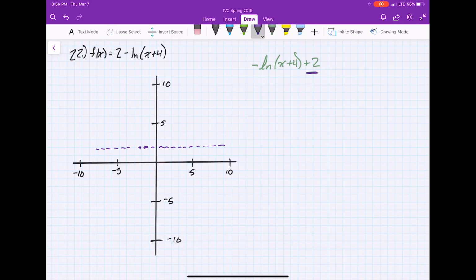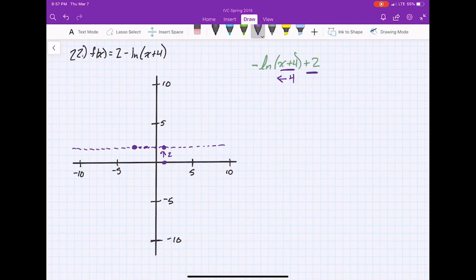Normally the line would have passed through 1, 0, but it's going to go up 2, so now it's up here at 1, 2. And the plus 4 means it's going to move to the left 4. So let's count over 4 places here, and that's where this line is going to pass through.